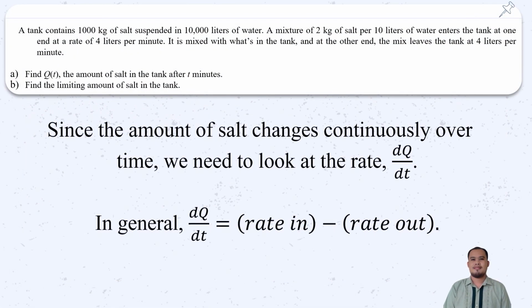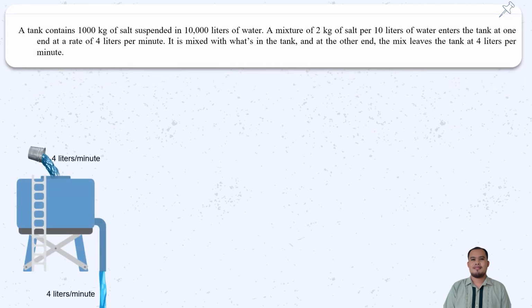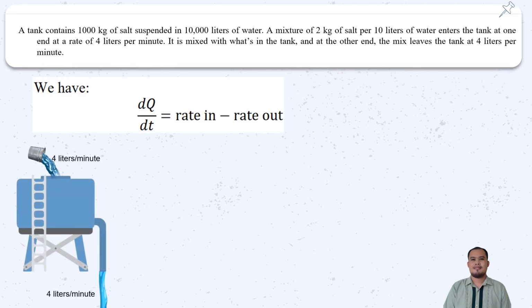Since the amount of salt changes continuously over time, we need to look at the rate dq over dt. We will use the general equation dq over dt equals rate in minus rate out.